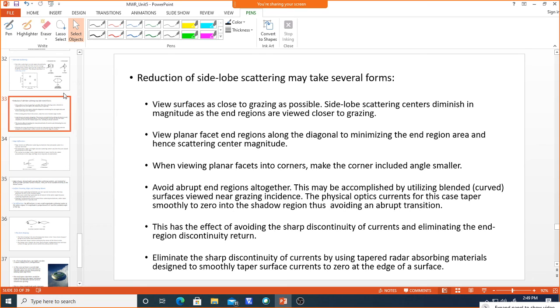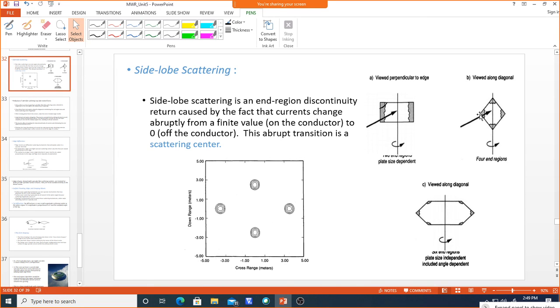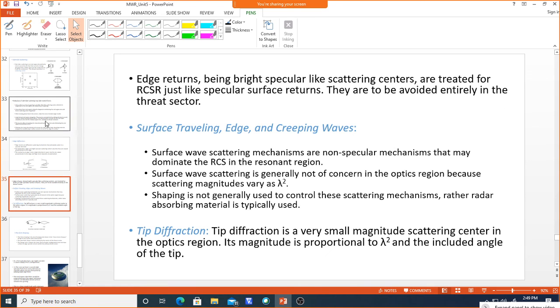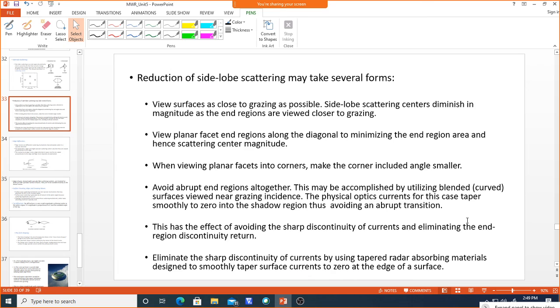So the included angle transition happening here, we will make very small, so that will reduce the side lobe scattering. This has the effect of avoiding the sharp discontinuity of currents and eliminating the end region discontinuity return. So whatever end region discontinuity return is there, it will be eliminated.